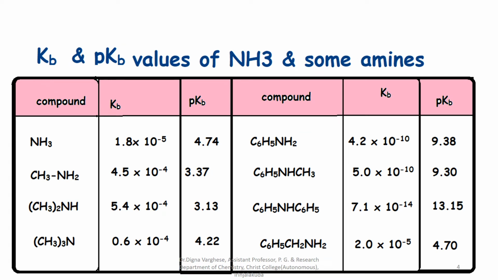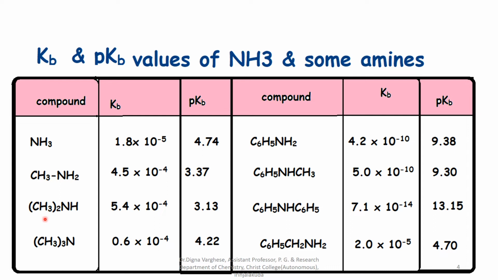We can see a table of Kb and pKb values of ammonia and some amines. For ammonia, the Kb value is 1.8 times 10 raised to minus 5, and its pKb value is 4.74. For methylamine, the Kb value is 4.5 times 10 raised to minus 4, and its pKb value is 3.37.